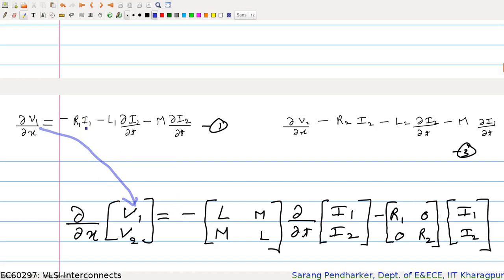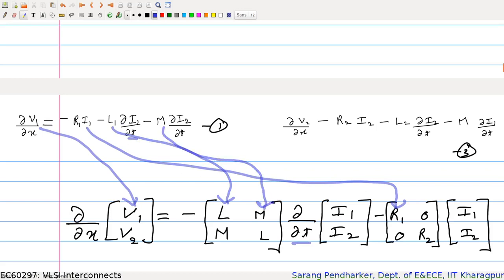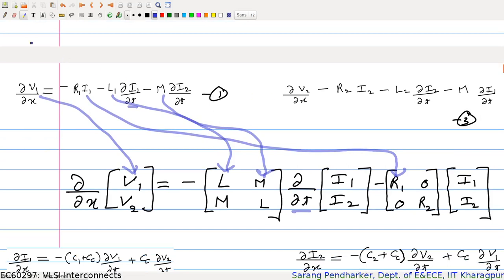Then this term comes here, R1 into I1. Then my L term comes here, and there is a time derivative here. My mutual term comes here, and this is dependent on I2, right? Similarly, if I look at this, there is a minus.